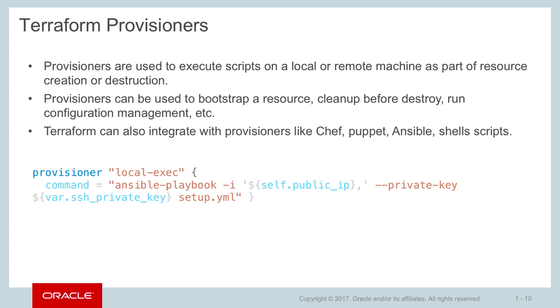So for example, you can integrate Terraform with provisioners like Chef, Puppet, Ansible, shell script, right? As you can see, here's one example. I'm using the provisioner local-exec to execute a script on my local machine, to actually execute an Ansible command to self-assign the public IP of the instance that I created to my specific setup on the server for the Ansible configuration, right?